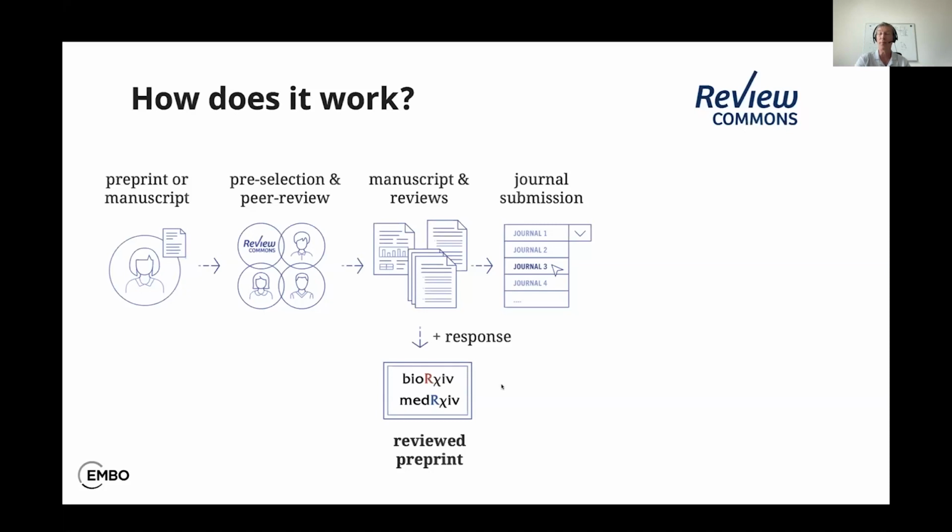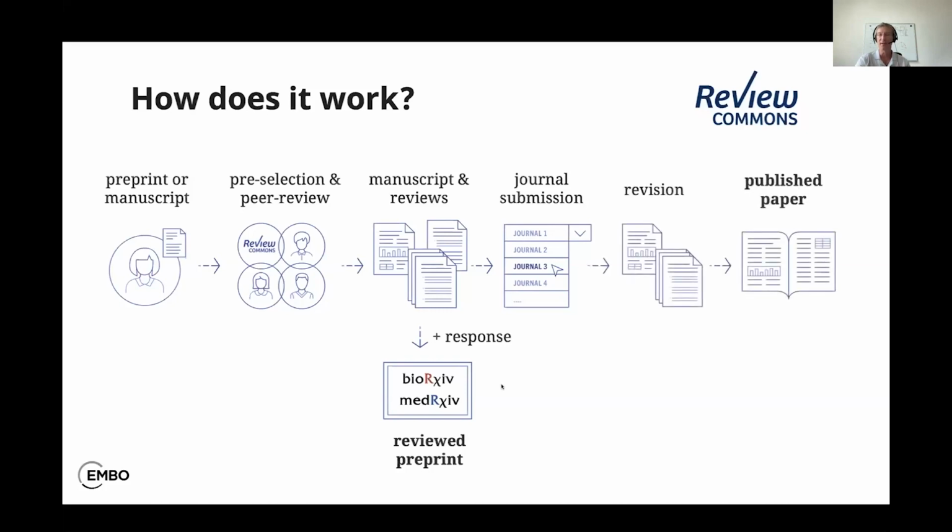We do not allow parallel submission, so this is a sequential process where every journal has the time to make a fully informed decision based on the content of the reviews, and we would not like to parallelize this process too much. If a journal is interested, they will formulate their request for revision according to the points raised by the reviewers and finally publish the paper.